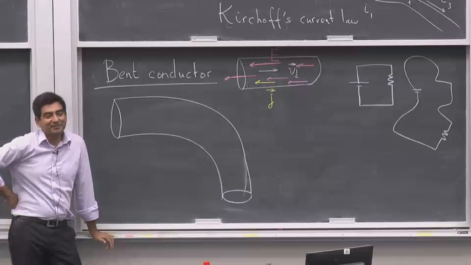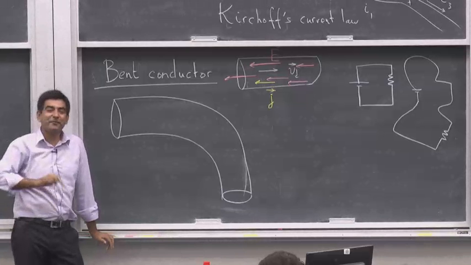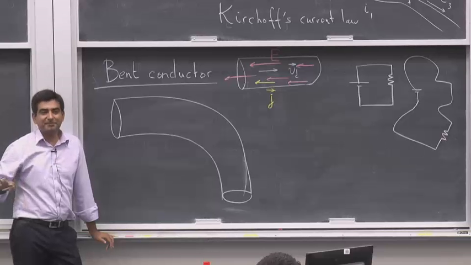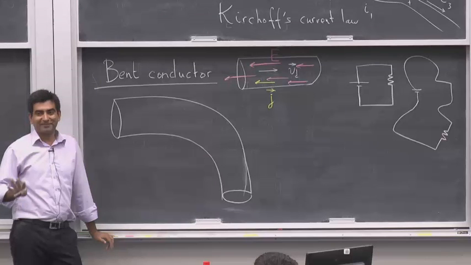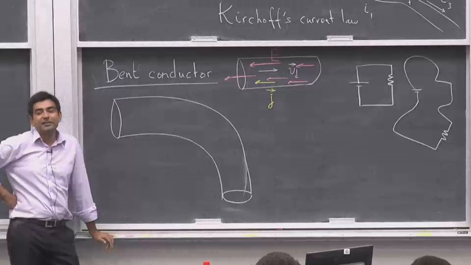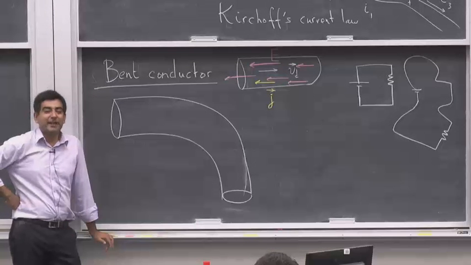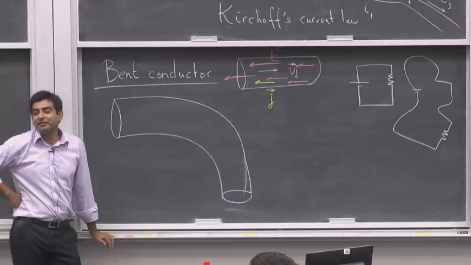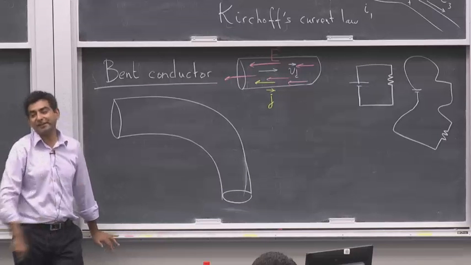Now how do the electrons know that they have to bend? Okay, just either raise your hand or just don't speak up. Please raise your hand. How do the electrons know that they have to bend? Yes. How does the direction of the electric field change?